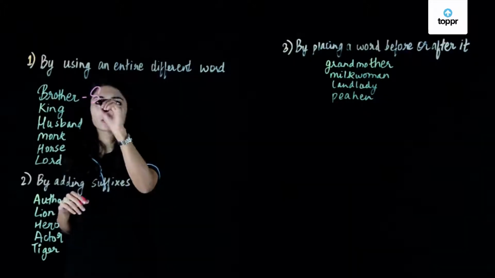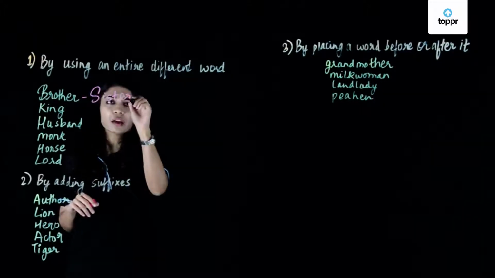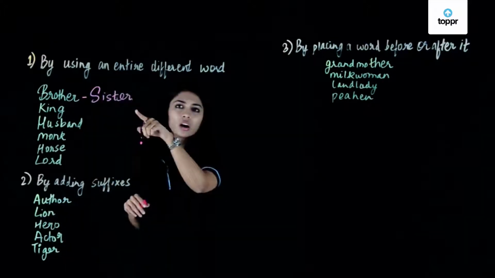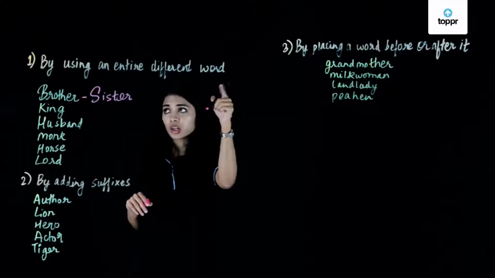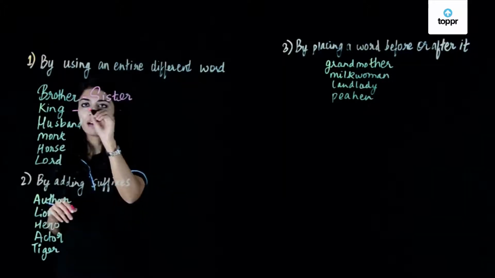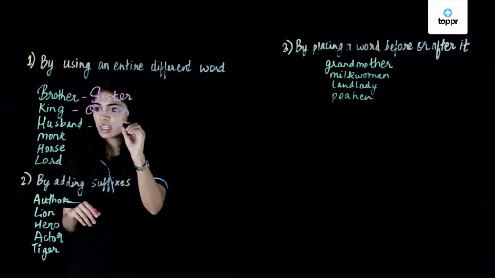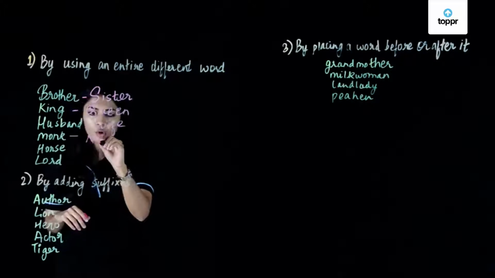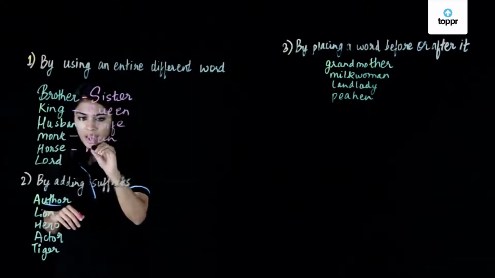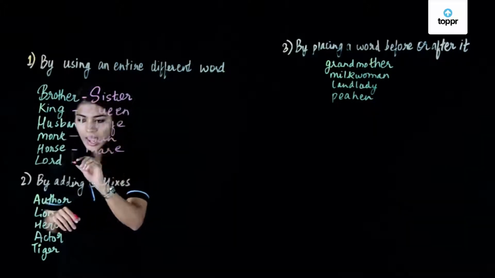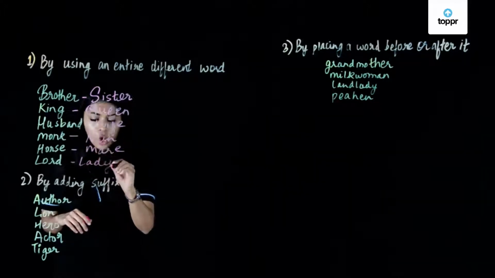That would be sister. So we are forming its feminine noun here with an entirely different word. Similarly, we have queen for king, wife for husband, nun for monk, mare for horse, and finally lady for lord.